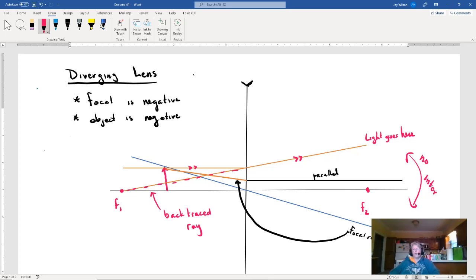That's why it's called a diverging lens, because the light spreads out on the backside, which means we have to look at back tracing, which would be here, here, and then the central ray, which is this guy.